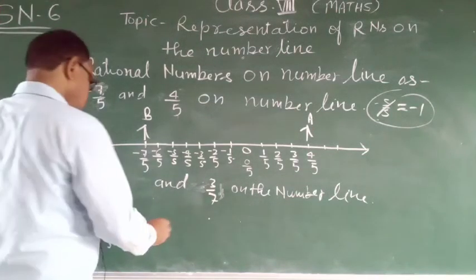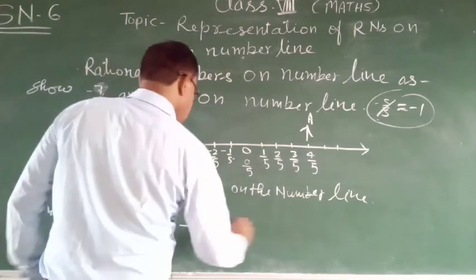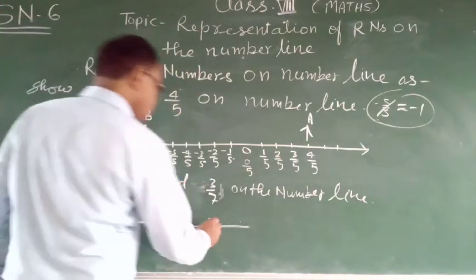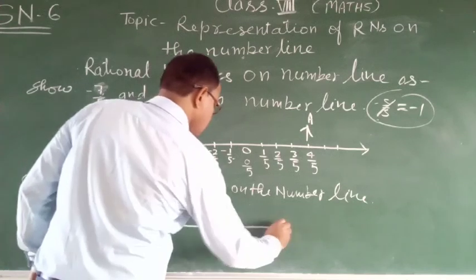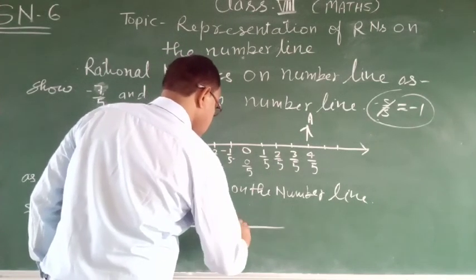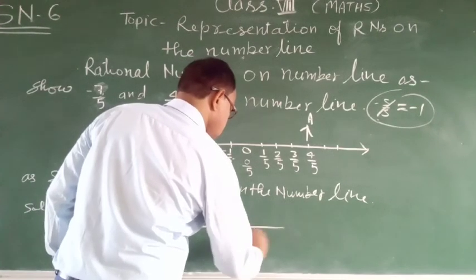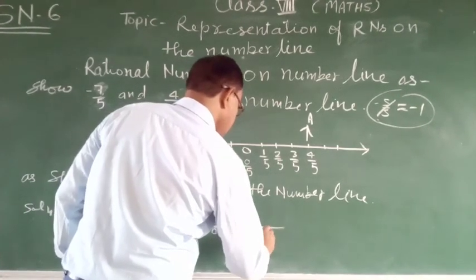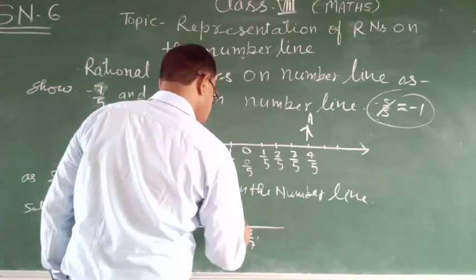Okay, and this shows on the number line 0, then 1 by 7, 2 by 7, 3 by 7.